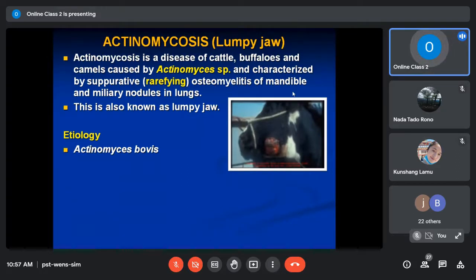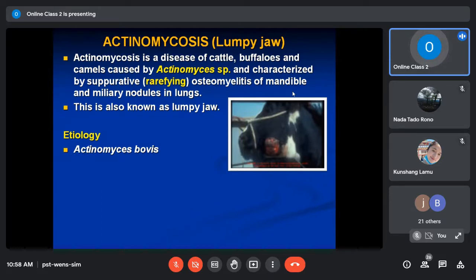Not only the bony tissue, even the bone marrow is affected, and there is pus accumulation, chronic pus formed like in abscesses. So this condition is termed suppurative or rarefying osteomyelitis of the mandible, and the lesion may extend, so that you may find small miliary nodular lesions in the lungs.